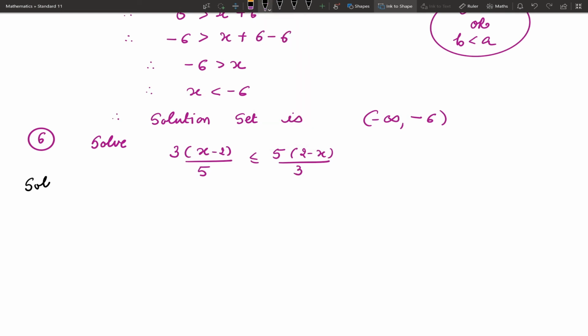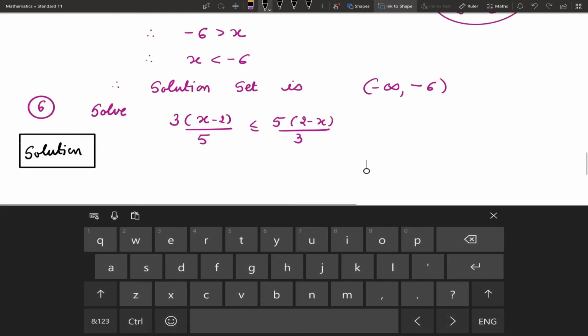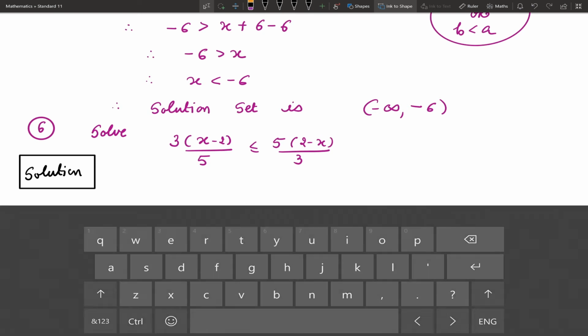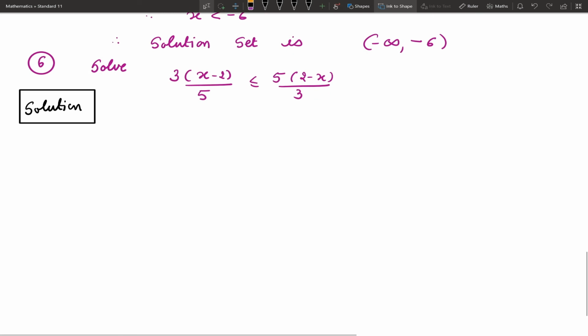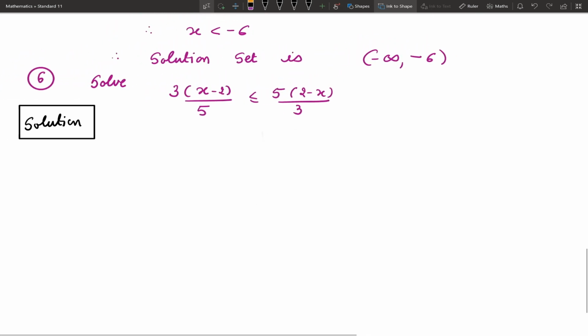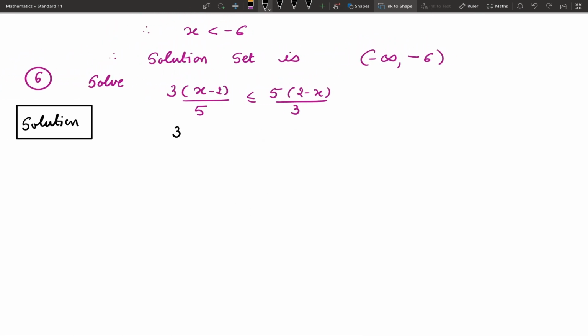Solution. So first we simplify this thing. We have given 3 into x minus 2 upon 5 less than or equal to 5 into 2 minus x by 3.